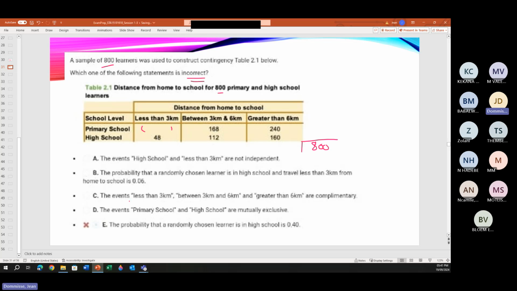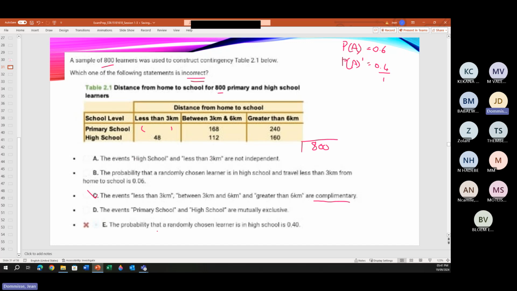So the events less than 3 kilometers, between 3 and 6 kilometers, and greater than 6 kilometers are complementary. Okay, so that is correct. So remember, complementary when it was only two: if the probability of A was equal to 0.6, then the probability of the complementary was equal to 0.4, so that it always needed to add to 1.